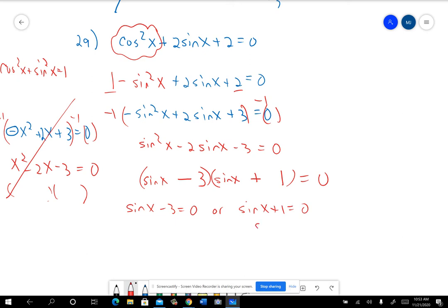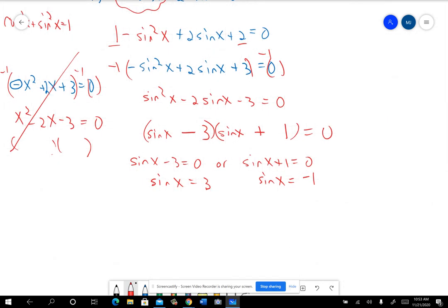And then solve each of those equations by first getting the trig part isolated and then think about it. So where on the unit circle would the sine of your angle be equal to 3? Nothing. So nothing comes from there. That's not possible. But sine equals -1 when I'm down here.